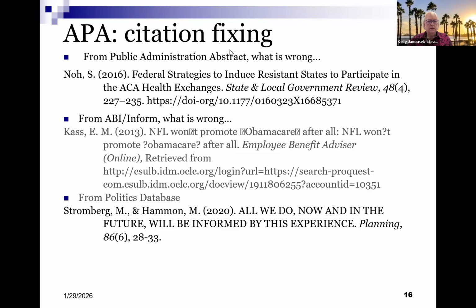Okay. If you're looking at the first citation, which is a real citation from Public Administration Abstracts, I lost the screen that I was looking at. I've got things on top of things. There we go.